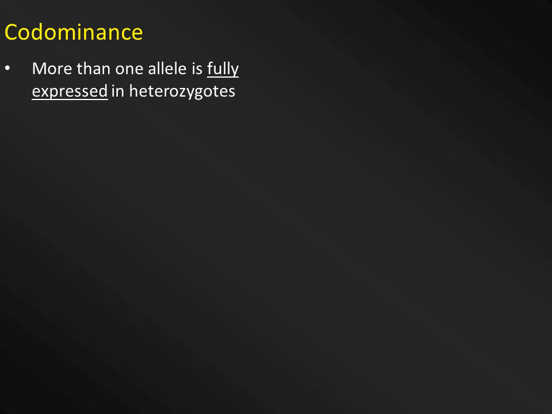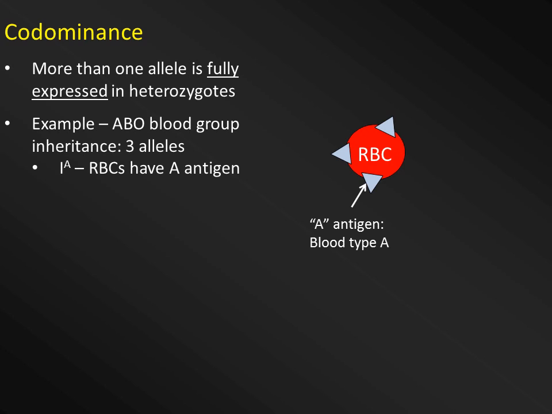In codominance, both alleles are fully expressed in heterozygotes. So here we have two dominant alleles possible, two or more. And a good example of this pattern of inheritance is in the ABO blood group system. The inheritance of this depends on three different alleles.